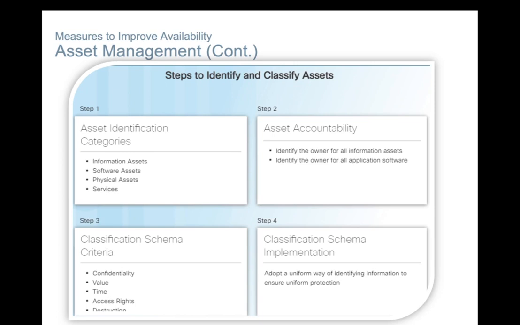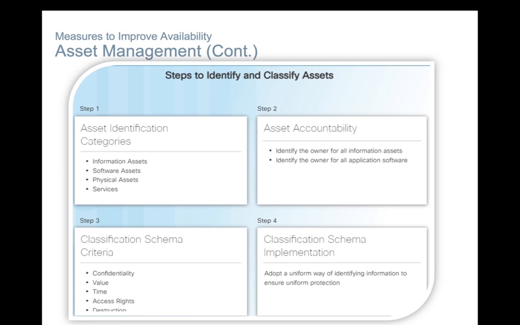The most critical information needs to receive the highest level of protection and may even require special handling. An organization can adopt a leveling system according to how valuable, how sensitive, and how critical the information is.